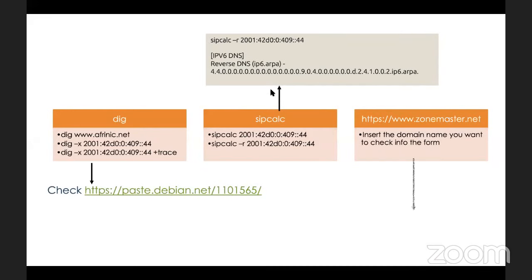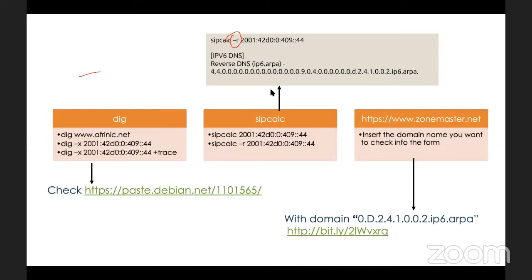The second tool is ipcalc. With ipcalc, you can easily do the reverse, and there are a lot of functions that you have with ipcalc, but I just pick one, which is related to the reverse, using this parameter, -r. Using -r, when you type your IPv6 address, you can have the reverse one. It is very easy. So don't be afraid of IPv6, guys. ipcalc is here for you.